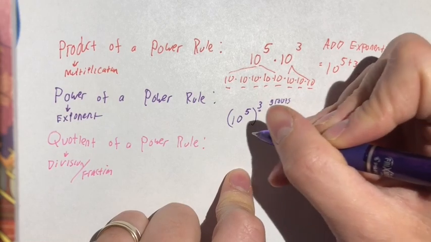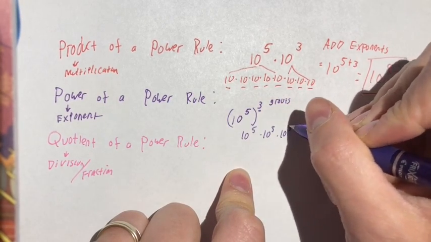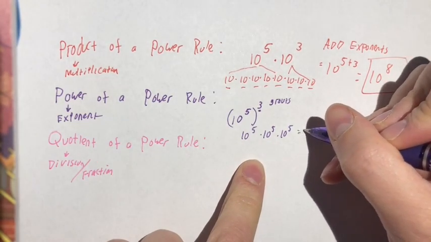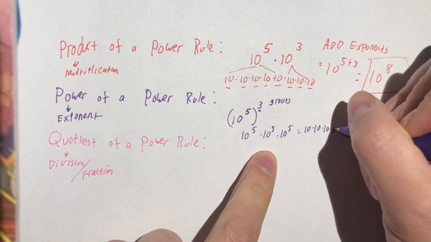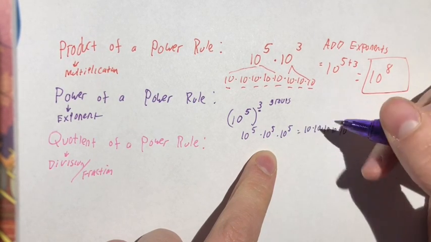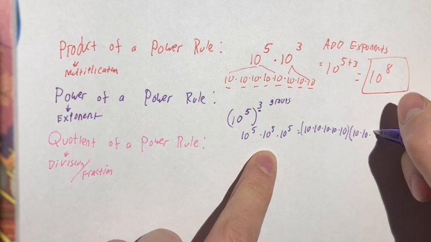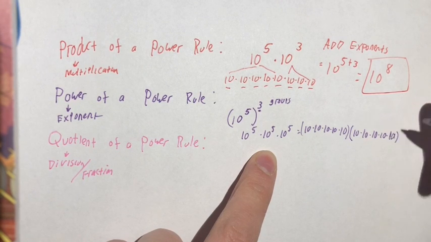So that means in expanded form, I have 10 to the 5th times 10 to the 5th times 10 to the 5th, which really means I have, I made these numbers too big, 10 times 10 times 10 times 10 times 10. That's one group. A second group. Oh, geez, an ugly 0.